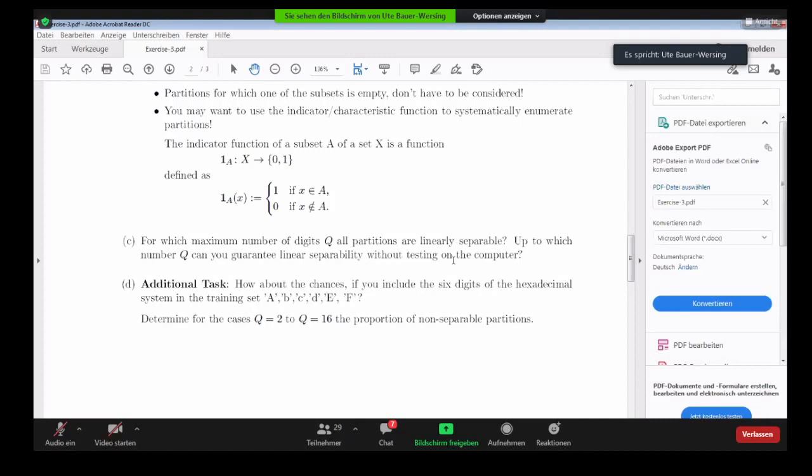So if we have 2 training samples, one belonging to the one class, the other one belonging to the other class, do we need to program, or do we need to test it with the perceptron learning algorithm, or is there a clear answer to it?